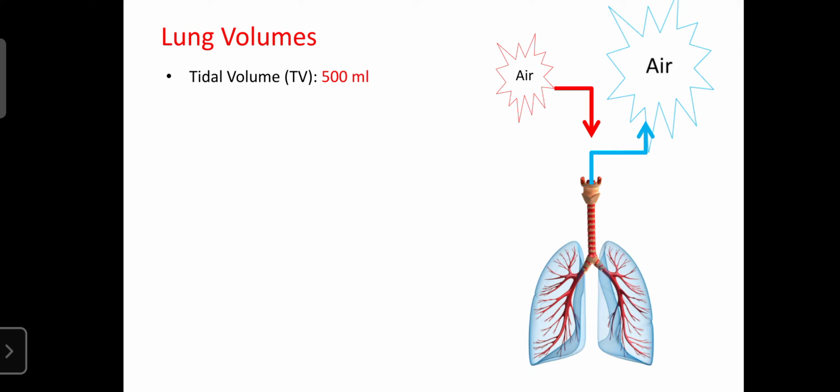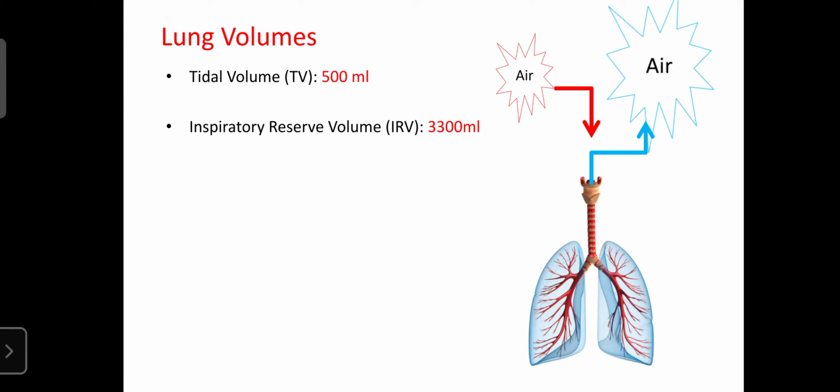The next one is the inspiratory reserve volume, denoted as IRV. The normal value is 3300 ml. It is the amount of air inhaled above the tidal volume during a forceful breath in. Simply, after a normal inspiration, we can forcefully inhale some additional amount of air.